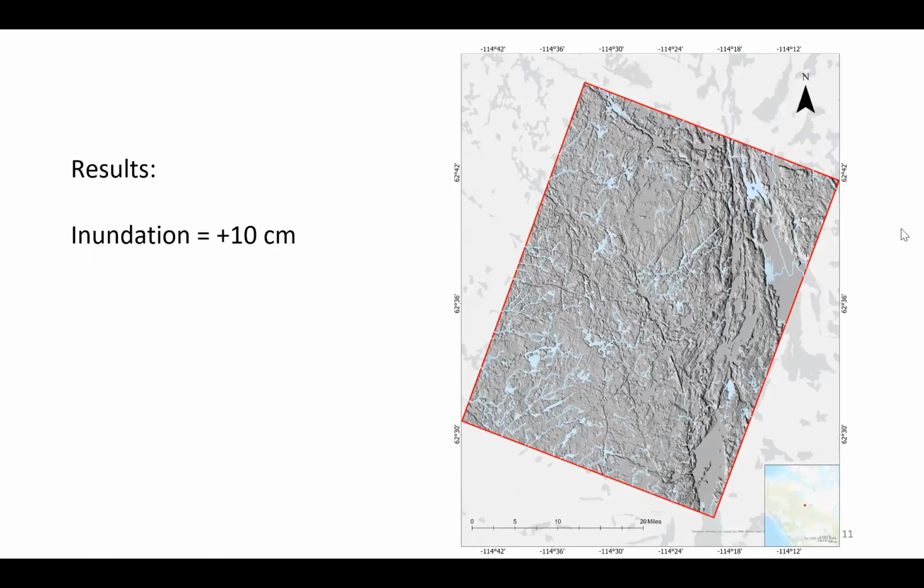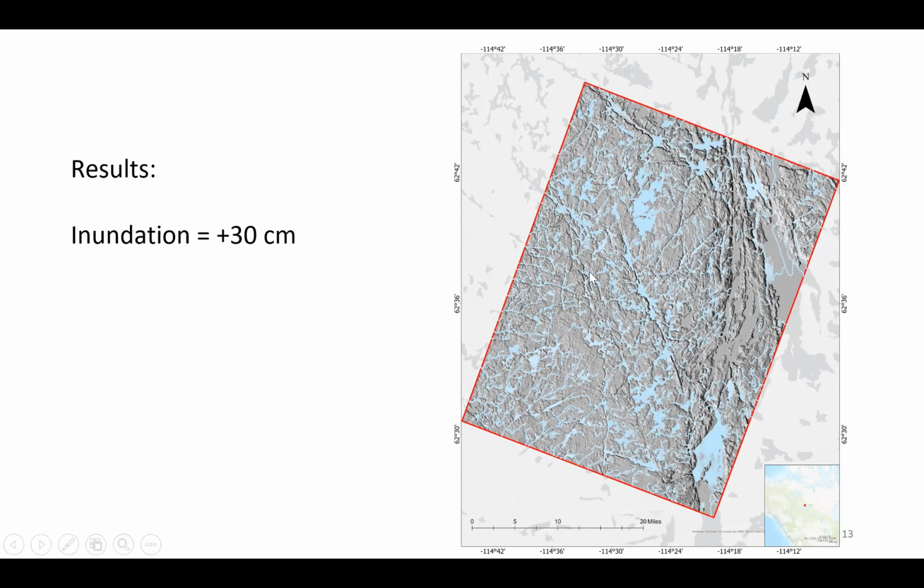So what happens if we increase the inundation depth by 10 centimeters? We can see a few depressions get filled, and new streams are formed from there. With a 20 centimeter increase, a few new depressions are filled and new streams are formed.